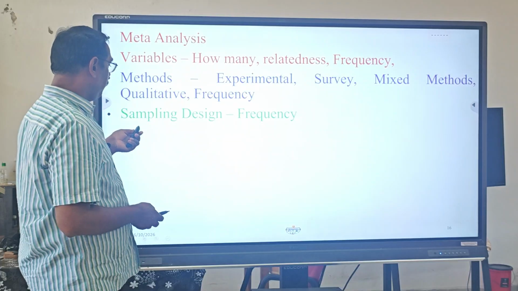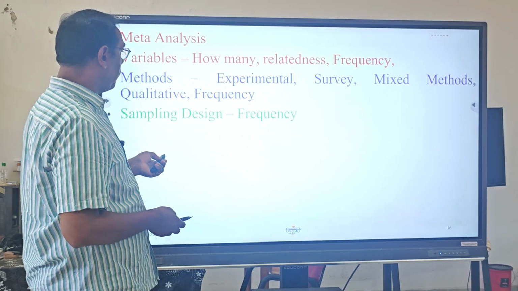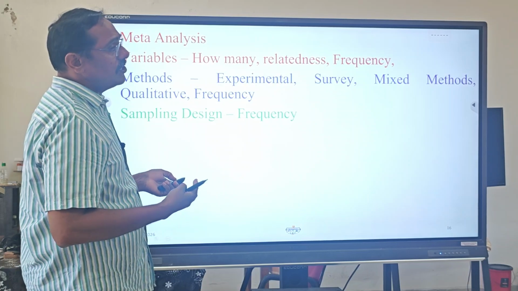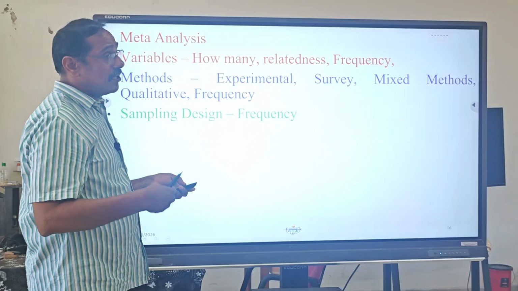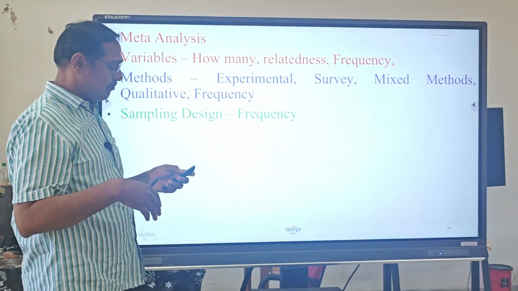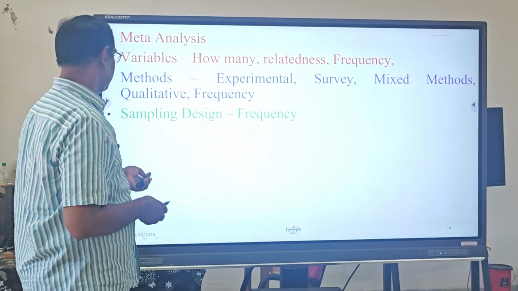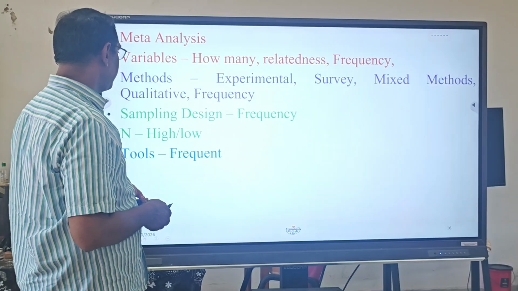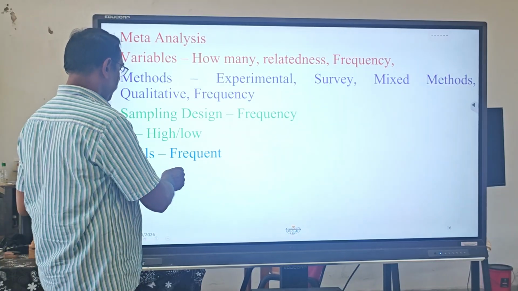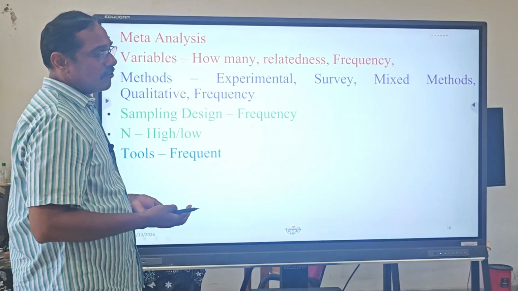Again, same thing. We take the third title as a subtitle, sampling design. Which sampling design was more prominent? Who has taken more sample, who has taken less sample? All those things you can write here. So n is the sample size. And tools: which is the most prominent tool, which is the less prominent tool.